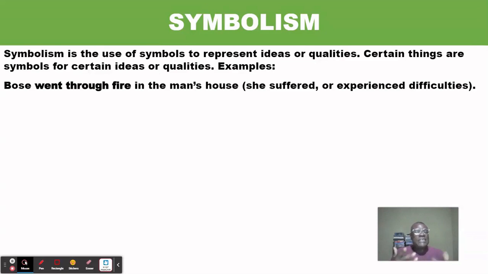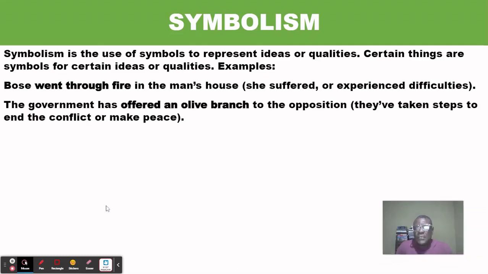You know, when you say somebody went through fire, fire is an image of suffering. It means she suffered or experienced difficulties. So fire is a symbol for suffering, or affliction. Let's look at another example.